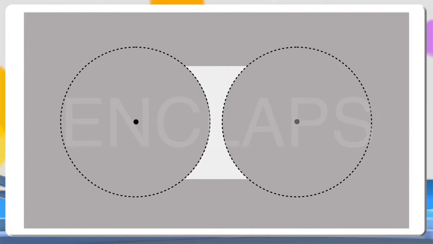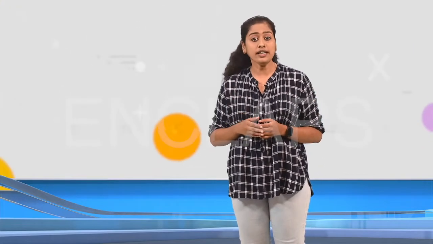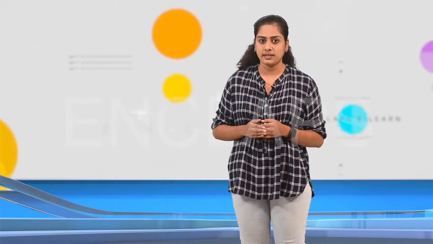Center of curvature is the center of the imaginary spheres of which the sides of the lens are parts. There are two centers of curvature for each lens. They are denoted by the letter C. Another important term is the principal axis. This is the imaginary line that passes through the optic center or pole joining the two centers of curvature.